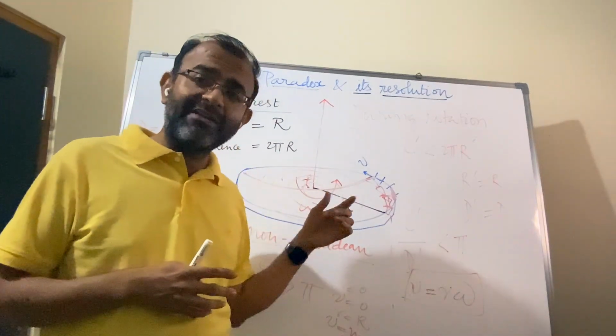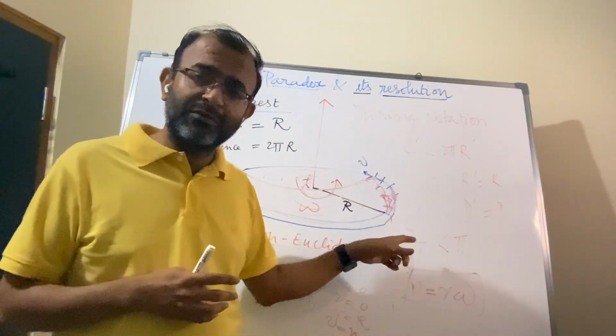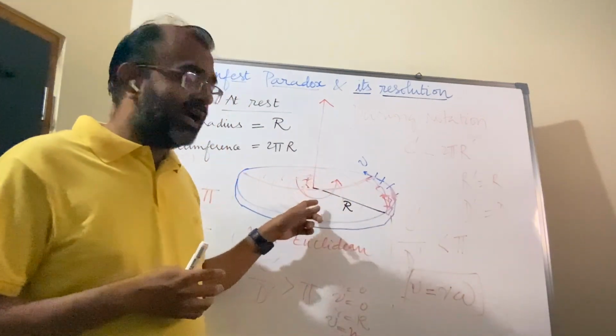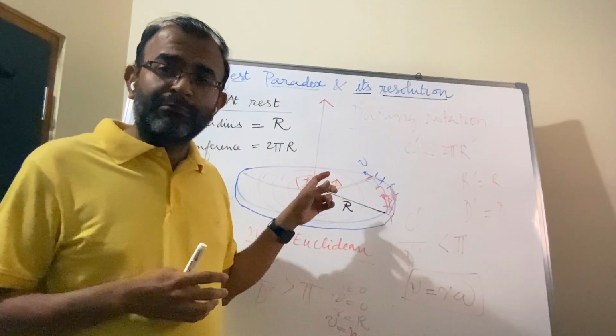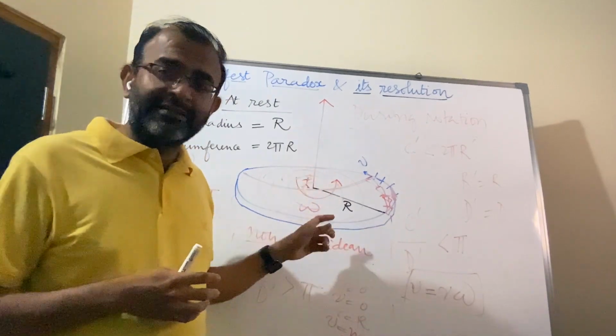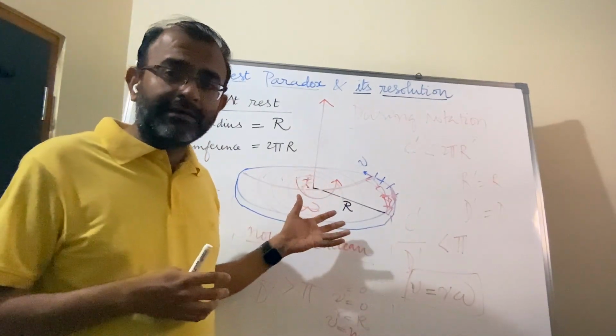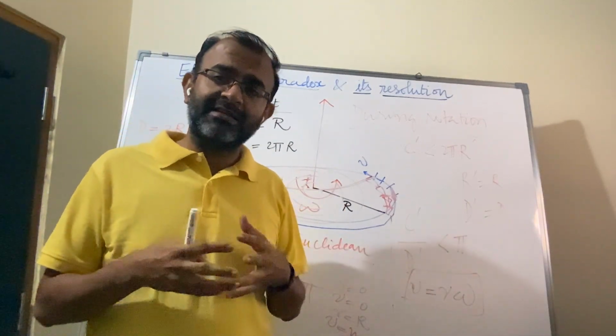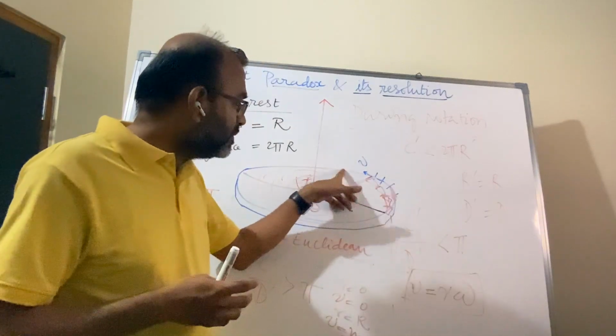So he might not even agree with Paul Ehrenfest's original proposal that there would be length contraction along the periphery. Einstein predicted that there would be an elongation of the circumference of the disk. The circumference in fact elongates for the observer who is traveling on this disk.